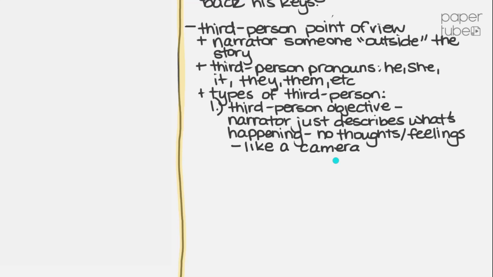The next kind of third person is called third person omniscient. You can think of this as God mode, essentially. This third person narrator knows everything about the story.